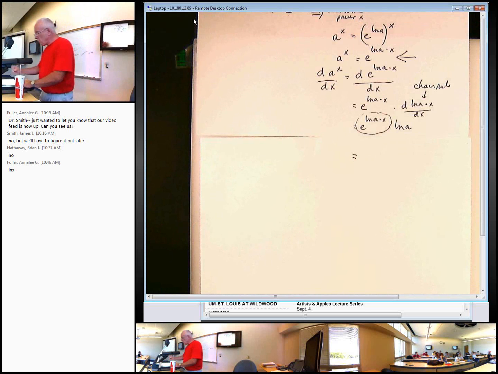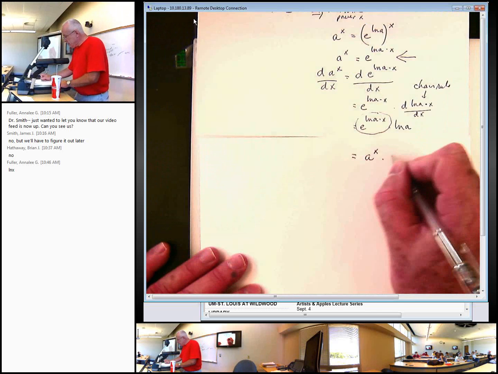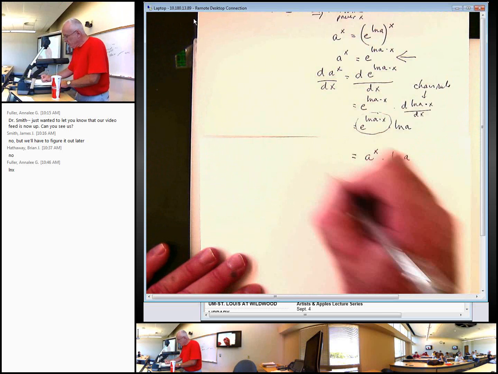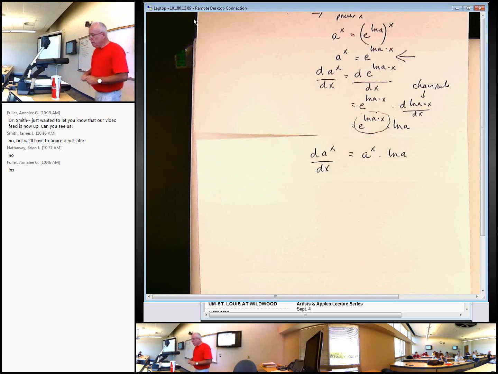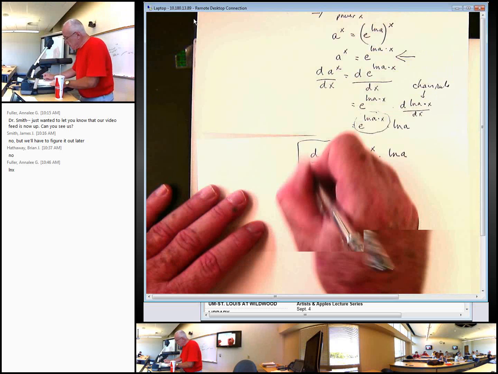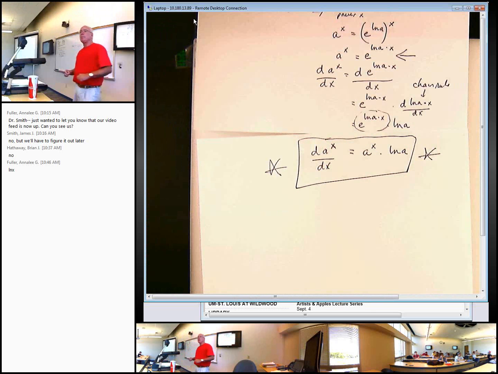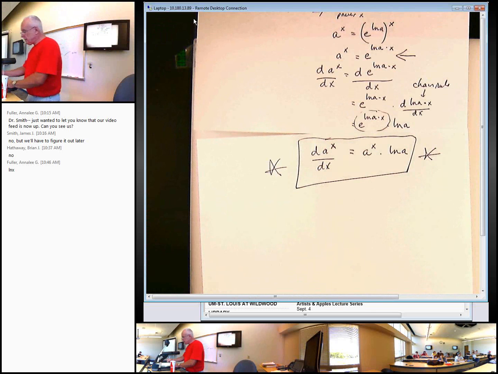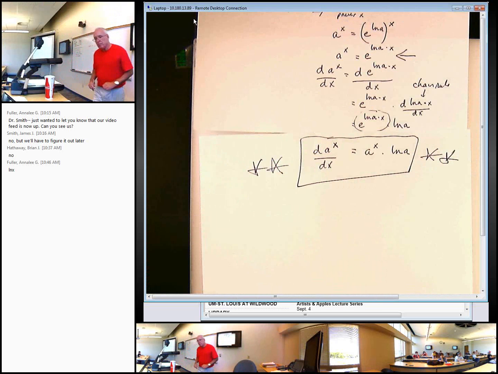So I'm going to rewrite this as a to the x power times the natural log of a. So what I have here then is that the derivative of a to the x power is equal to a to the x, but we have to multiply it by that factor of the natural log of a. So this, I'm again putting asterisks by that, right?